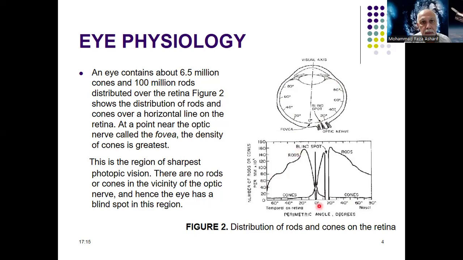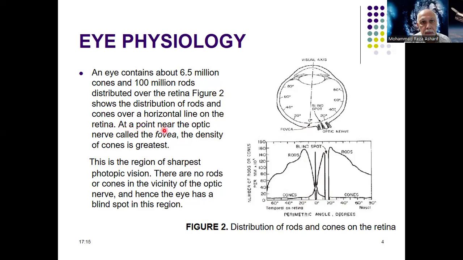This is, for instance, zero angle, and this is rod, and this is the cone. Cones are more concentrated on the center of the eye. This is figure 2, showing the distribution of the rods and cones over the horizontal line of the retina.